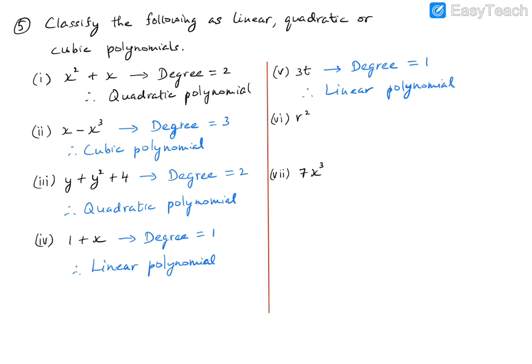Okay, now we have the sixth one. This is a polynomial in the variable r, and the variable has a power of 2. So the highest power for this particular expression is 2. Since it's r squared, the highest power is 2. That means the degree of this polynomial is 2, and a degree 2 polynomial means it's a quadratic polynomial.